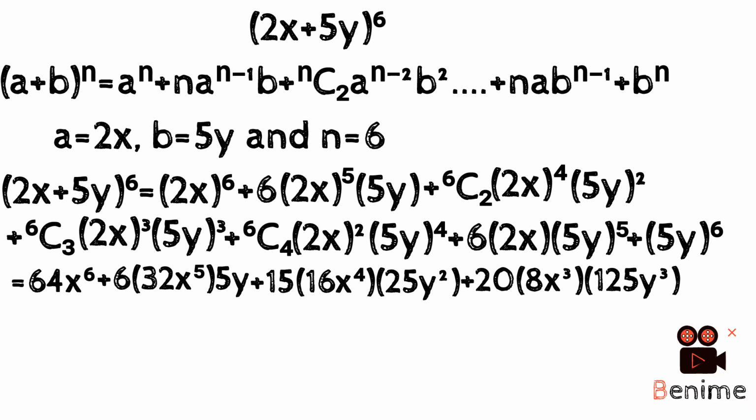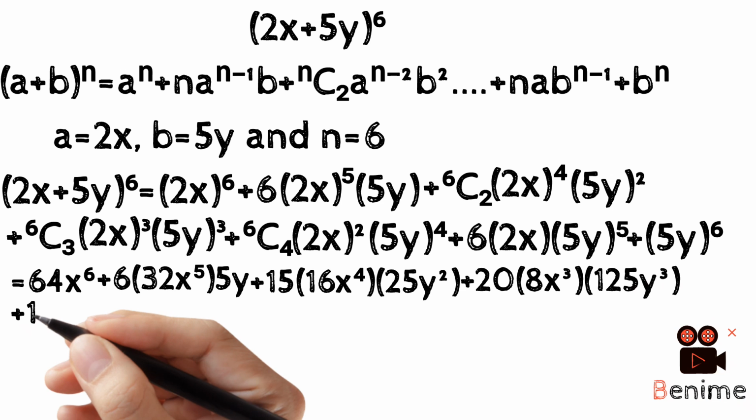The next term, that's 6 combination 4. 6 combination 4 is actually 15. Okay, then 2x raised to the power of 2. 2 raised to the power of 2 is 4. 5 raised to the power of 4. That is 5 times 5 times 5 times 5. 5 times 5 is 25. 5 times 5 again is 25. 25 times 25 you get 625. So 5y raised to the power of 4 is 625y raised to the power of 4.